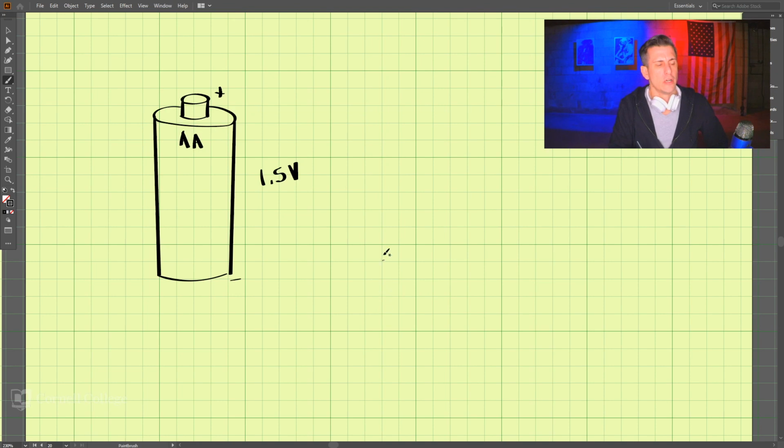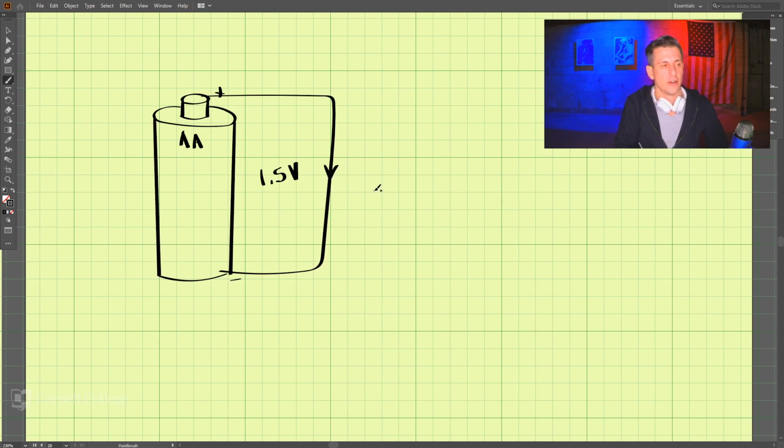And so if we connect things up to this battery, for example, if I just run a wire from positive to negative here, what is the current? Well, we would maybe say that the current is infinite, right?